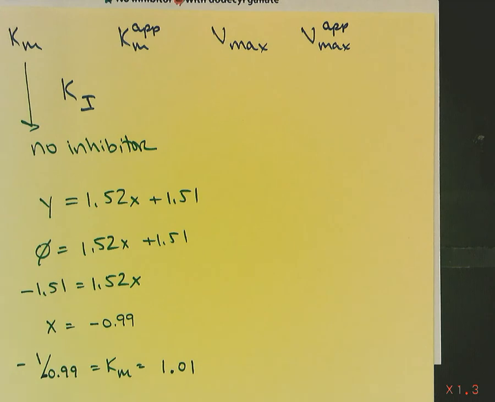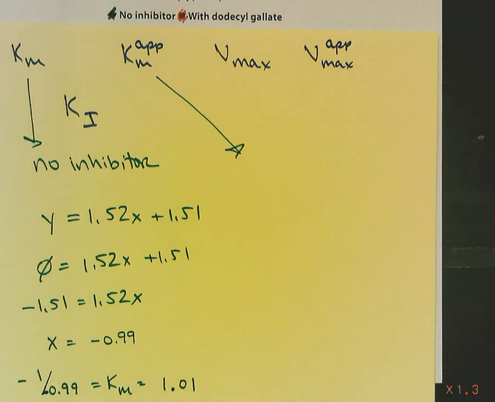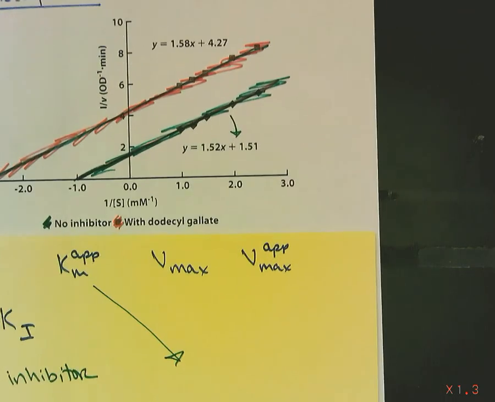So then, I want to find the Km apparent. So I use the other equation.